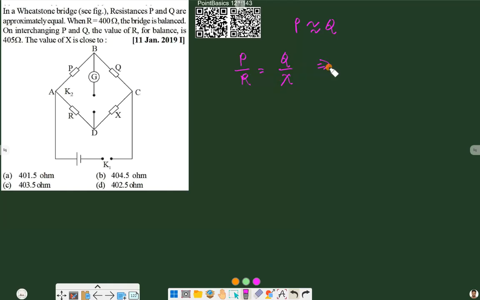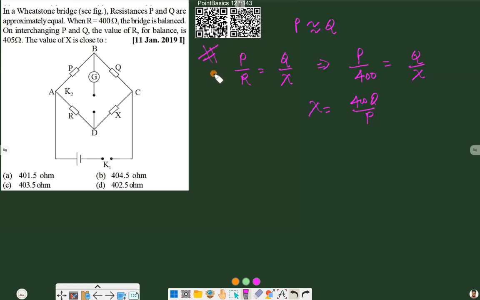So we can say P by 400 equals Q by X, and from this X is equal to 400 Q by P. This is the value of X.